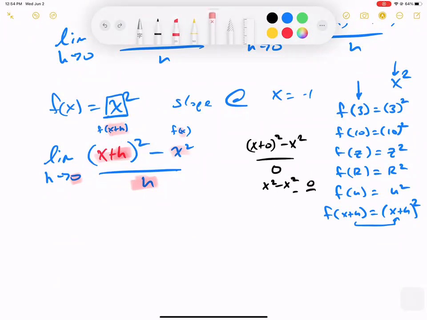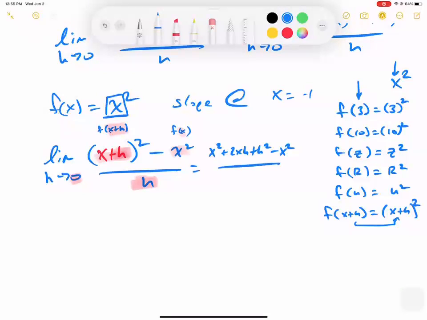So what we're going to do, we're going to take a step back. And instead of trying to plug in h, we're just going to multiply it out. And this is what you do. You multiply it out. x squared plus 2xh plus h squared minus x squared over h. Seems like I did some crazy stuff, but what is x plus h times x plus h? x times x is x squared.